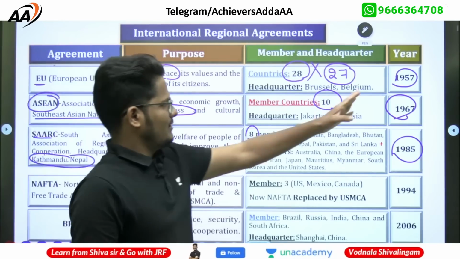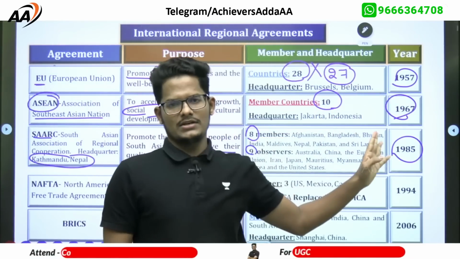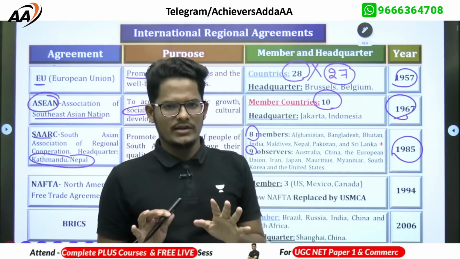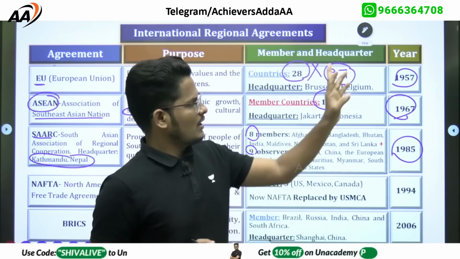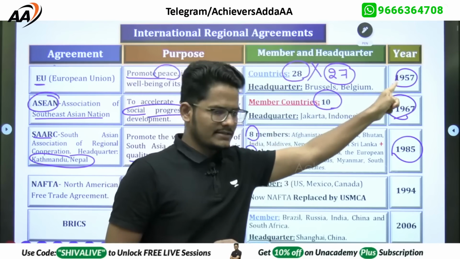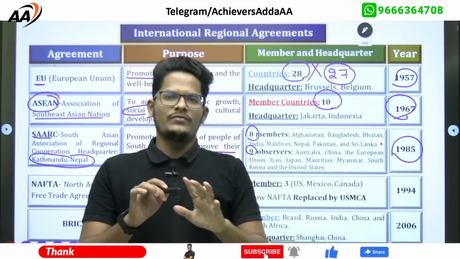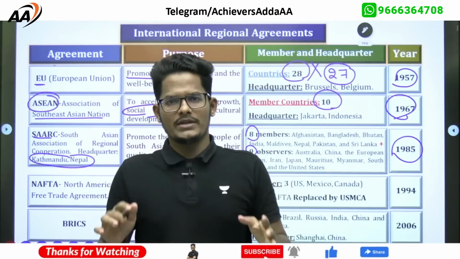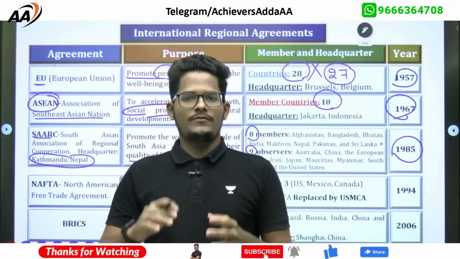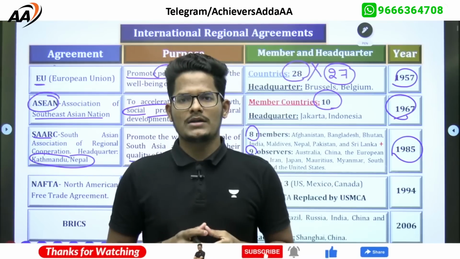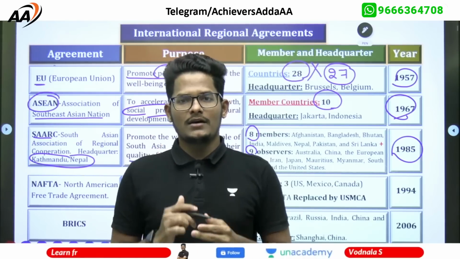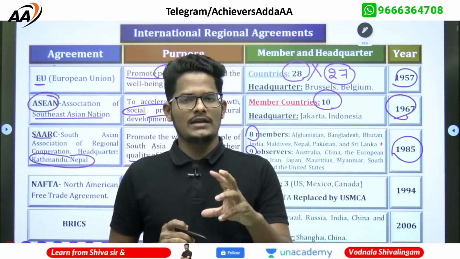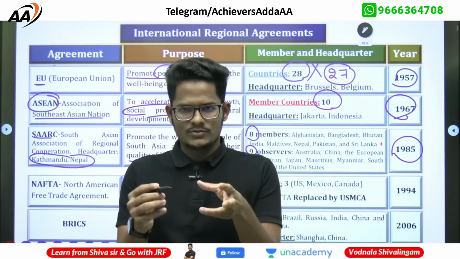The year is correct, 27 countries. You already said 29; that is wrong. Please don't confuse me. Absolutely, this year is correct. In 1957 the journey of the European Union started. After that came the European Economic Community and European Community, and later the Treaty of Rome and Treaty of Lisbon.